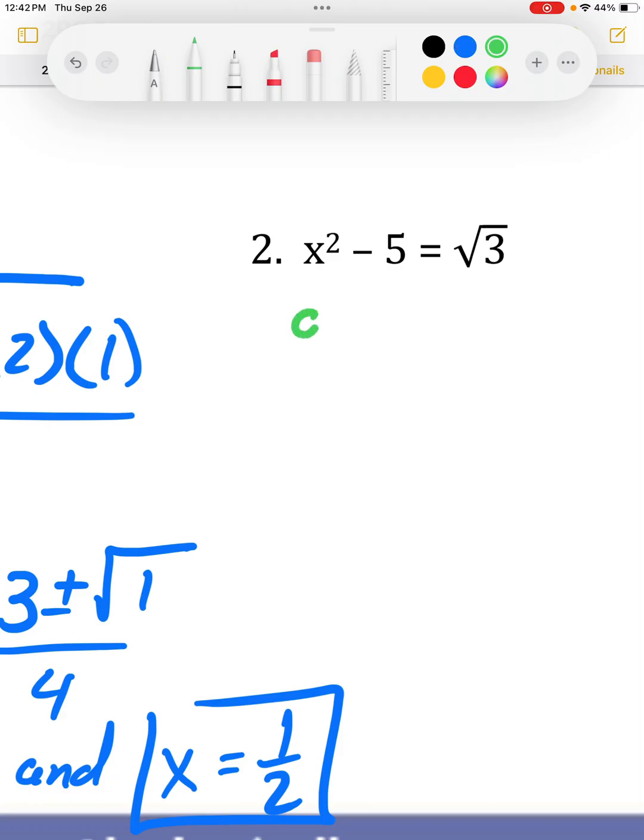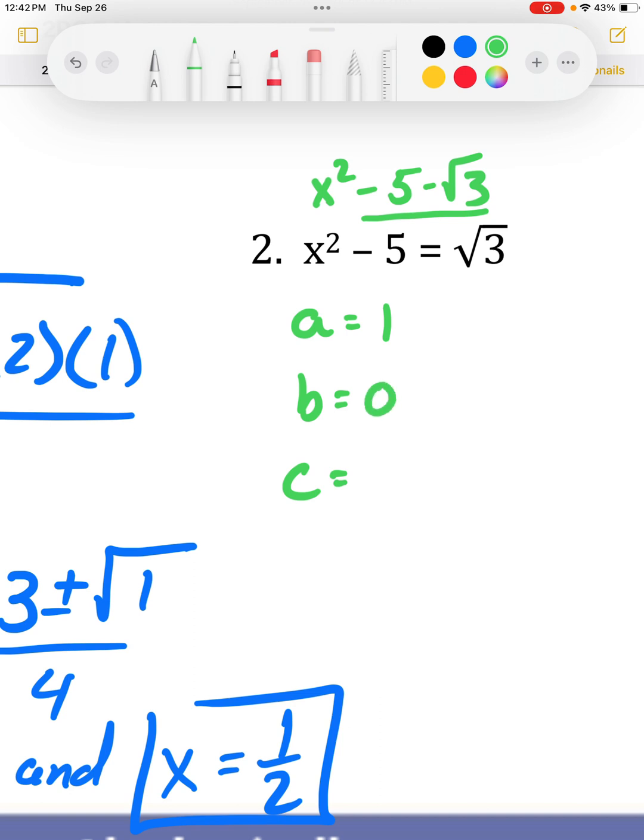So we have an a, a b, and a c. We have to move this over to get x squared minus 5 minus root 3. So this piece here is going to be my c. So we have 1 for a, 0 for b, and c will be negative 5 minus root 3.